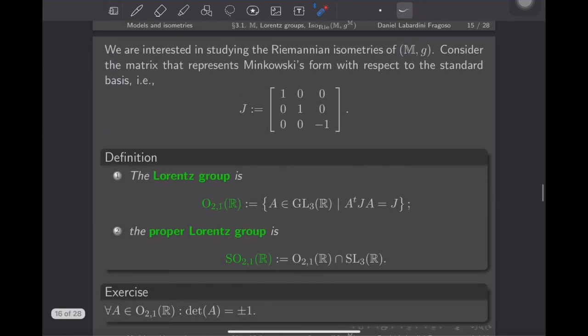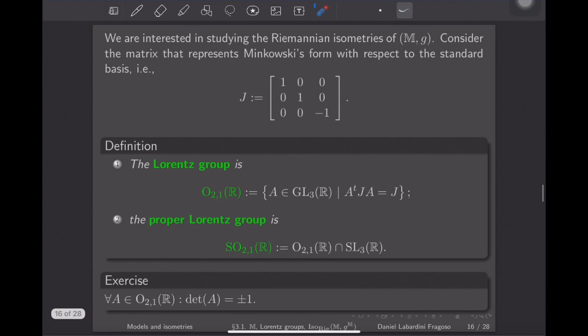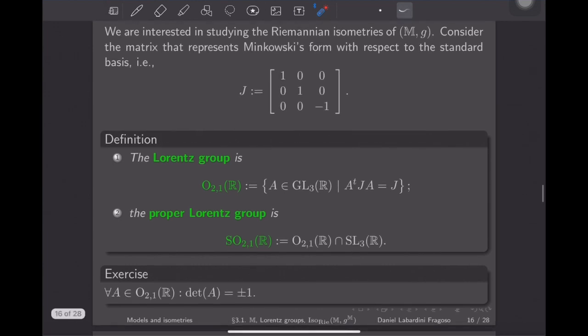Right, so following a similar philosophy of trying to see the groups we are interested in as groups of matrices, I'm going to consider the matrix of Minkowski's form.